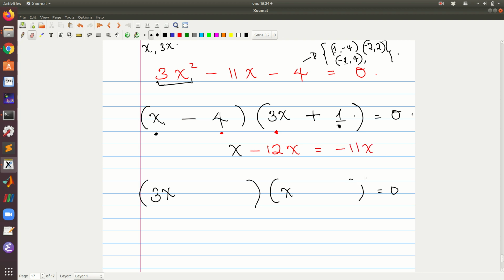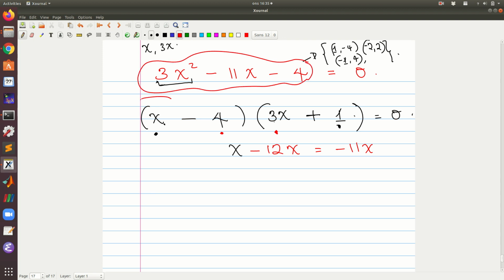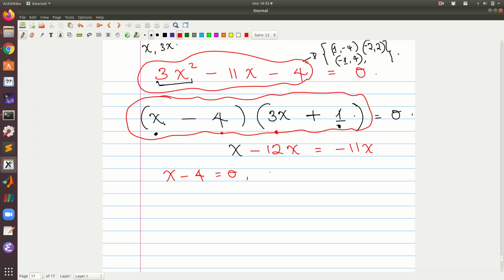Yes, we have the desired middle term, and if you have the desired middle term, then that is the expression which has been factorized, meaning that this expression here can be factorized in this form, so that now we can say that x minus 4 equals to 0, the value of x is 4, or 3x plus 1 equals to 0, therefore the value of x is minus 1/3, and the solution set of x is going to be negative 1/3 and 4.